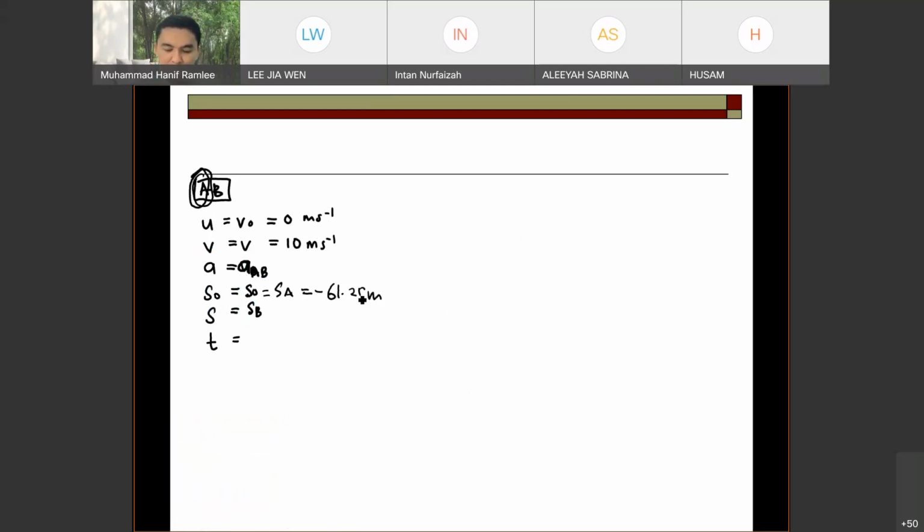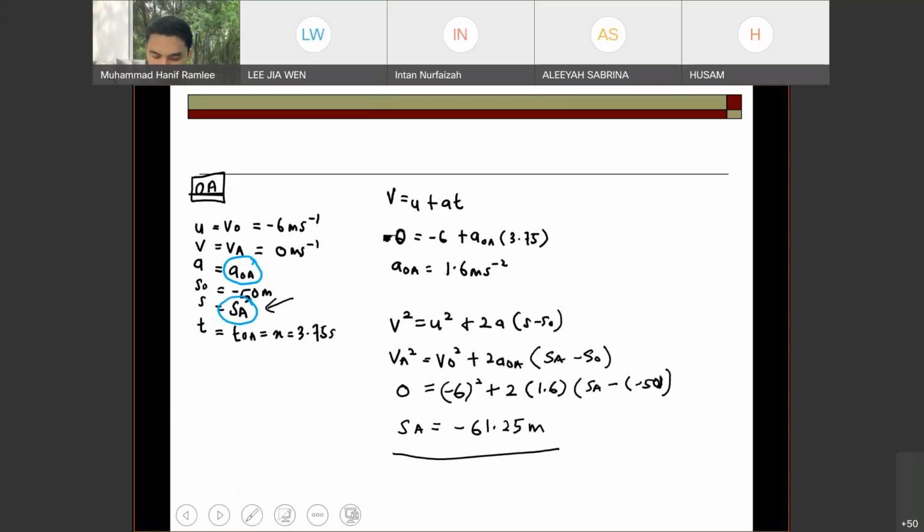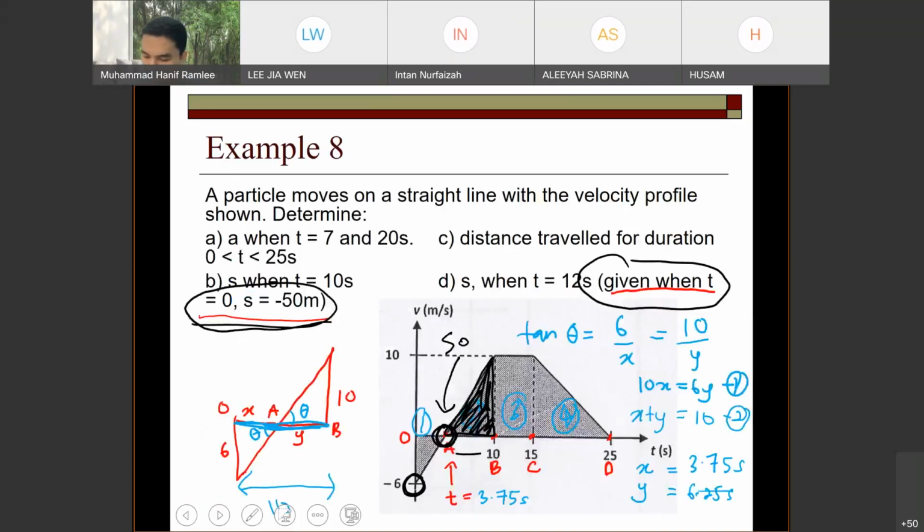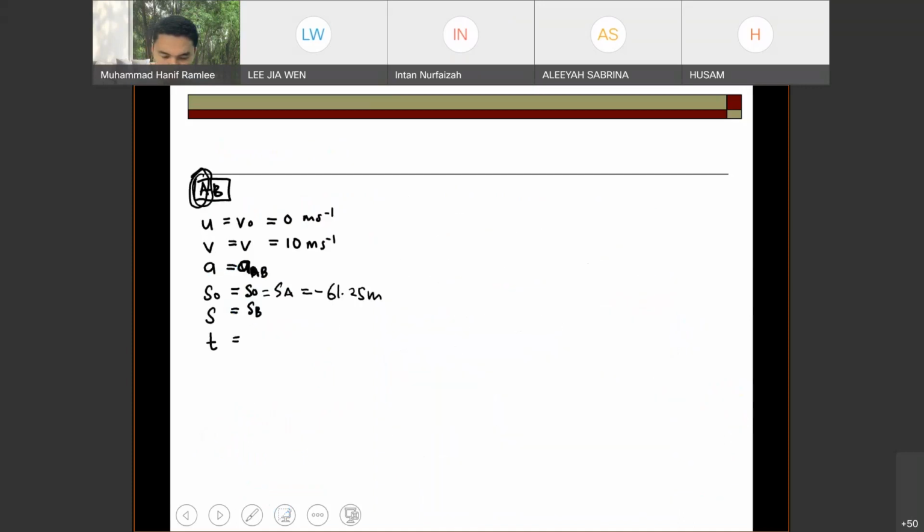Okay, and then SB is unknown and T is from A to B. This T is the one that we already calculated, which is 6.25 seconds.